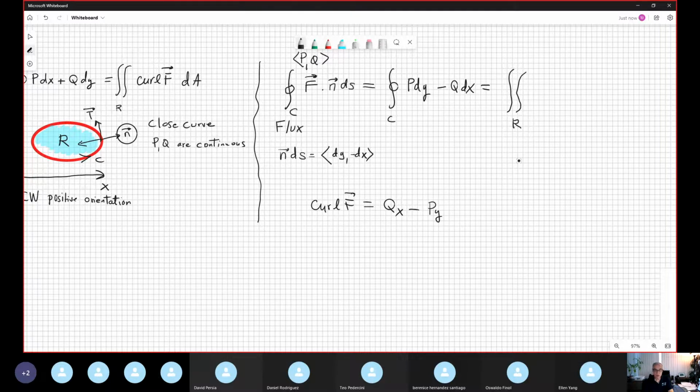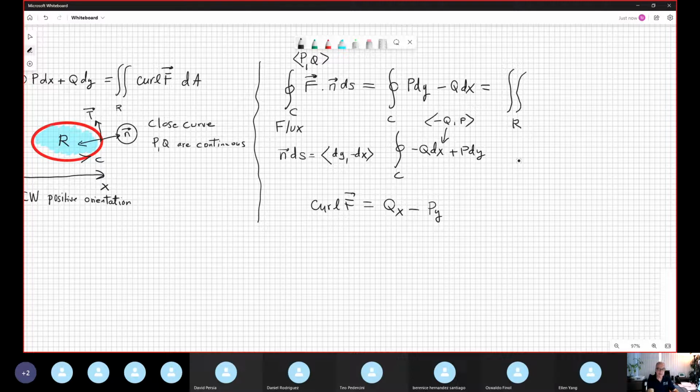But somehow in this integral, you organize it in the same order: you put minus Q dx plus P dy. You suppose that this line integral comes from the vector field minus Q comma P. So you interchange intentionally like a vector field.